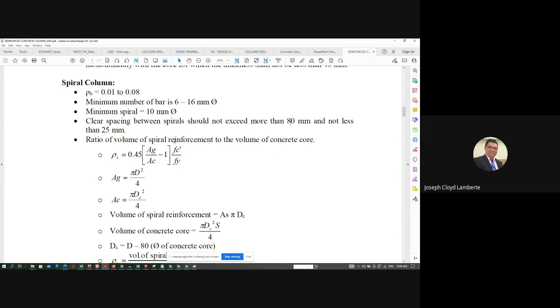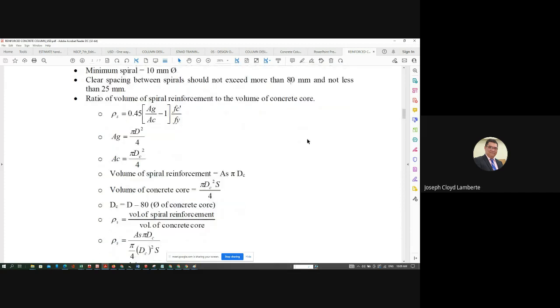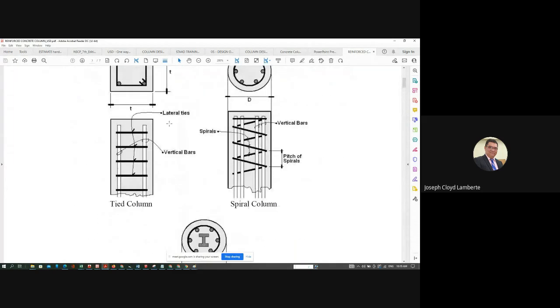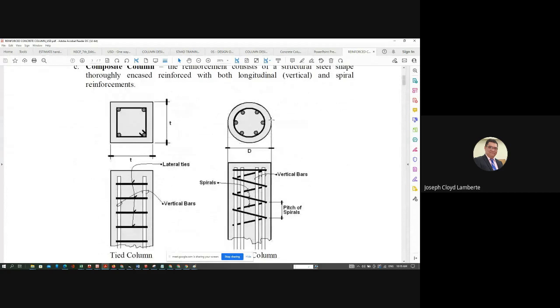Ratio of volume of spiral reinforcement to the volume of concrete core. So it is just the concrete core. The steel ratio is 0.45 times the gross area over the area of the core. The gross area is the whole area, pi over 4 times the square of the diameter.